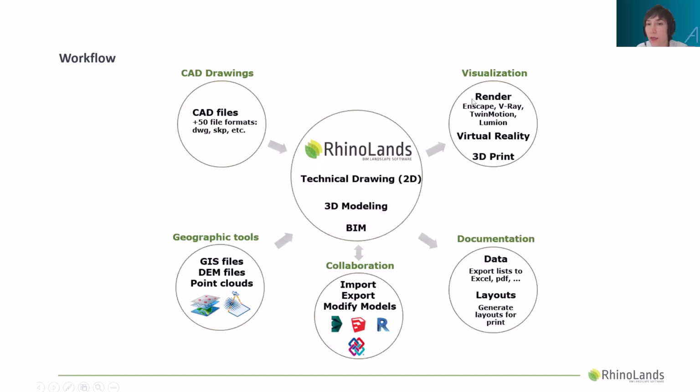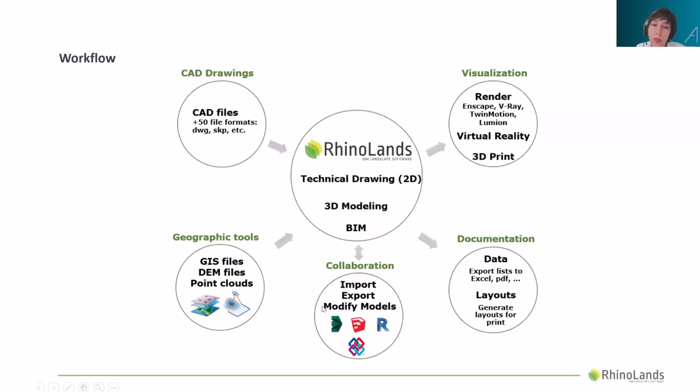For visualization, you can apply a compatible render like Enscape, V-Ray, Twinmotion, or Lumion, or you can use a virtual reality headset to visualize the project using this technology. Or you can print your project with a 3D printer. For documentation, you can export data or export lists to Excel or PDF, or generate layouts directly inside the program. So you will have different layouts there.